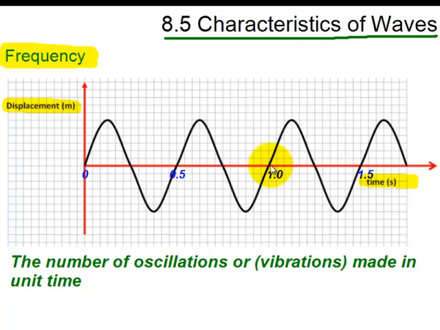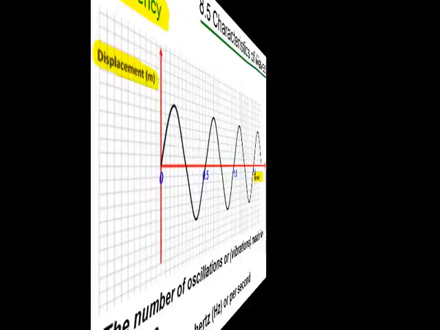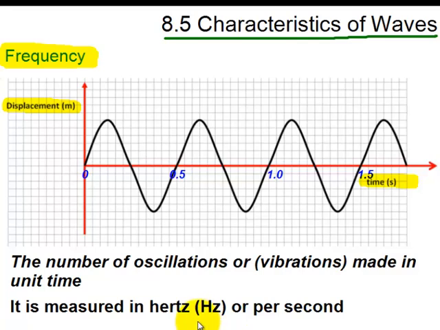Therefore, the frequency will be 2 oscillations per second, or 2 Hz. Frequency is measured in Hz or per second. So you'll write down s raised to -1.